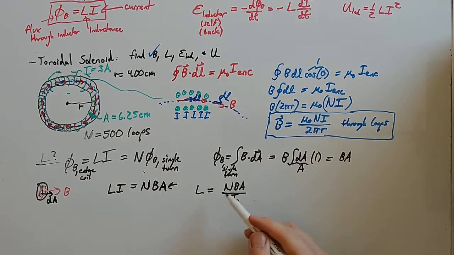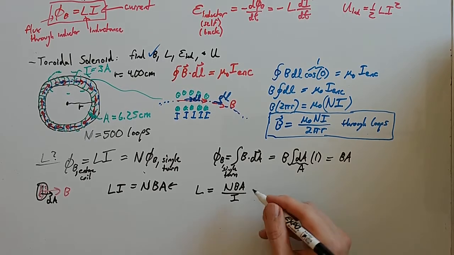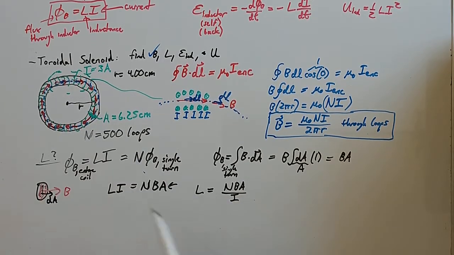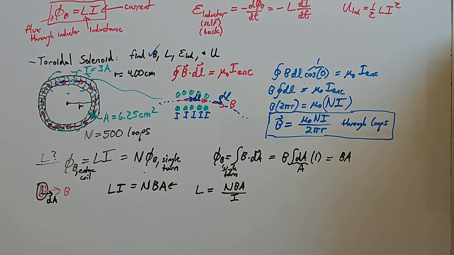But all right, N times B times A divided by I, that's going to be L. A we know as 6.25 centimeters squared. We know what the current was.